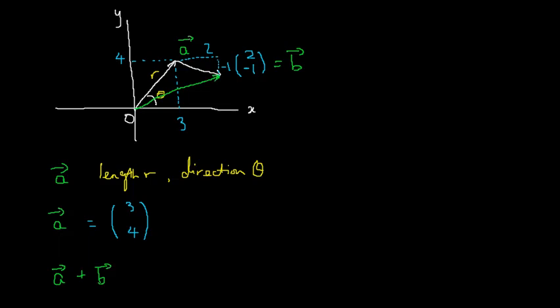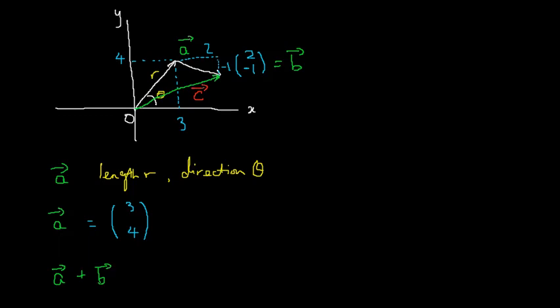That's our resultant, which I call C. Okay, A, B, and C. Now, this time it is actually very easy to find this displacement vector C in terms of its x and y value.